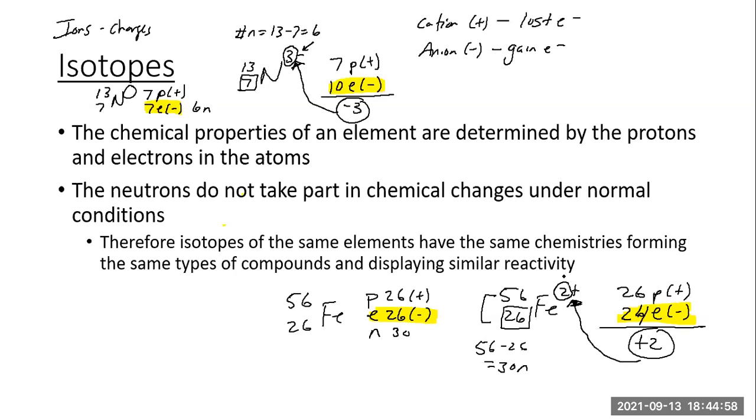So when you see something with a positive charge, it should tell you that it's a cation and that it lost electrons, and whatever the charge is, that's how many electrons it lost. So if you come across something that has a charge, the only thing that should change when you're calculating protons, electrons, and neutrons is the number of electrons. Any questions on that?